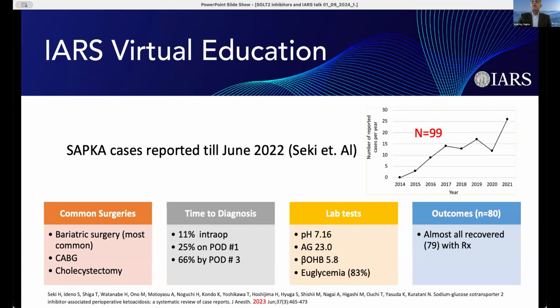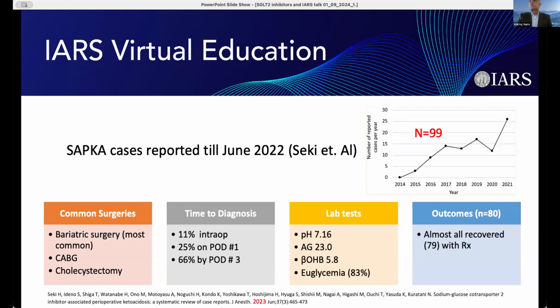So this study is the number of cases which have been reported till 2022 by Seki et al. And they found that the most common surgeries were bariatric surgery, CABG, and cholecystectomy. 25% of patients presented on day one, and in 11% of cases, it occurred intraoperatively.